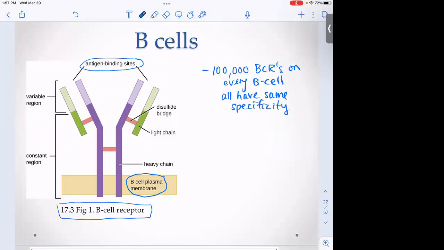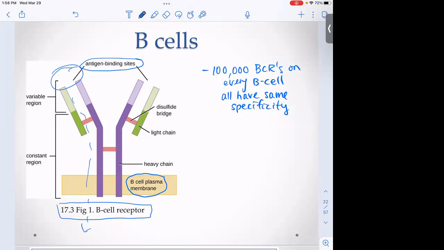And again, it seems like, wouldn't it make more sense to have a B cell that had lots of B cell receptors that could recognize 100,000 different things, rather than only have a few B cells that have a certain B cell receptor, and then those B cells have to come in contact with the pathogen. Well, actually, when a B cell does recognize the epitope of an antigen, that sends a very weak signal into the B cell.